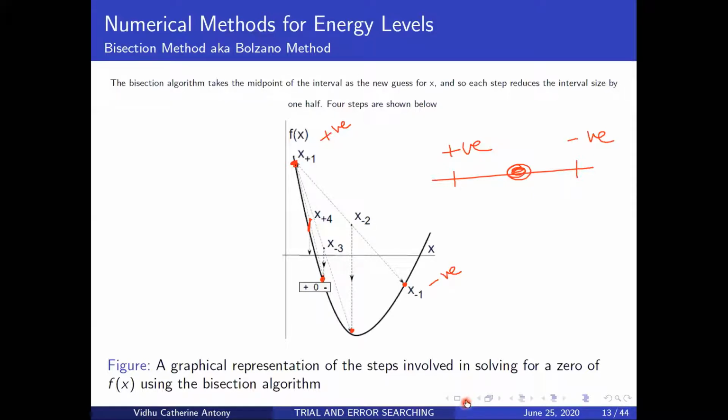You don't really get the actual value of the root; you can only get f of x tending to 0. So what you need is your f of x basically tends to 0. That value is called your root. Okay, let's move on.